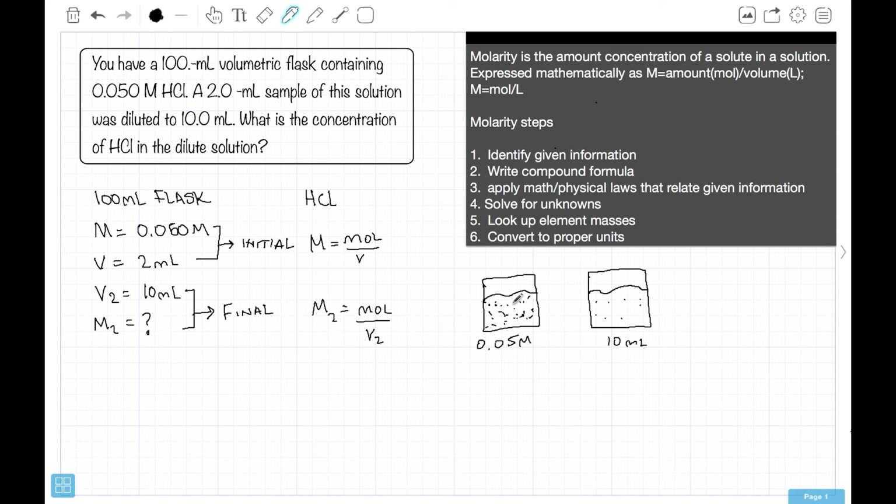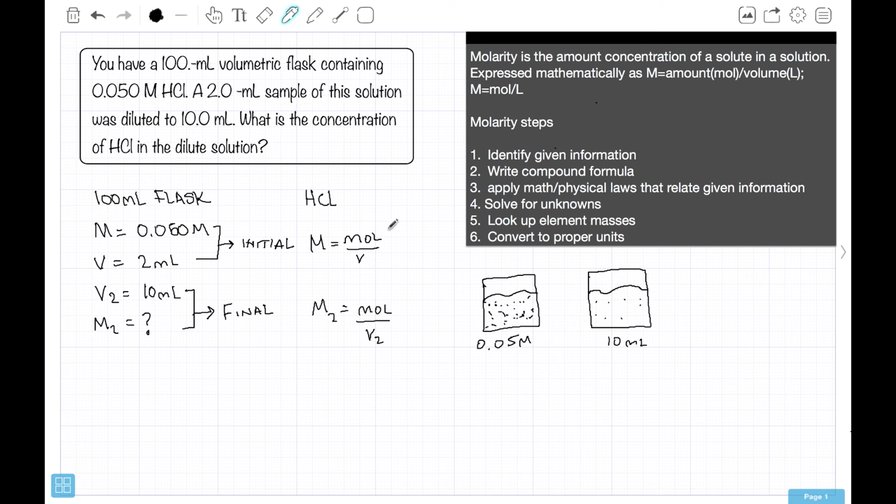It's still the same iced tea in each one. It's just that there's more water to iced tea here, and more iced tea to water here, but the iced tea is the iced tea. The same thing here. The HCl is the HCl, or the moles of HCl is the moles of HCl. So you can use that and exploit it to eliminate moles from this equation altogether.